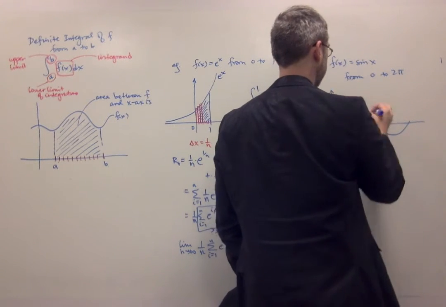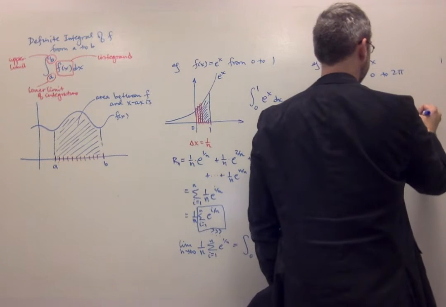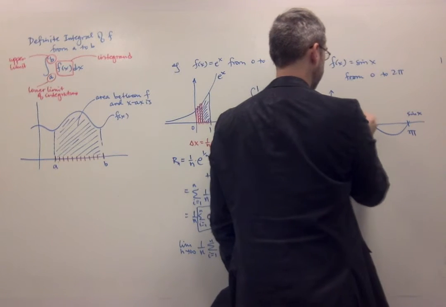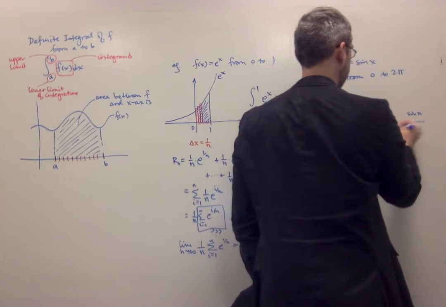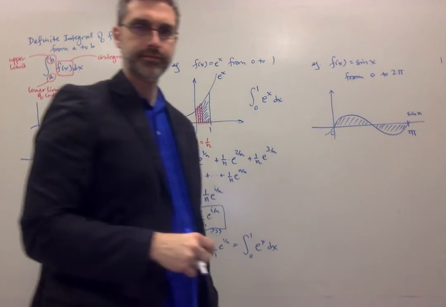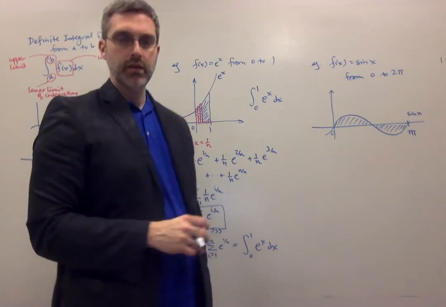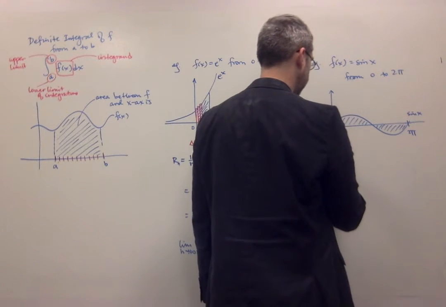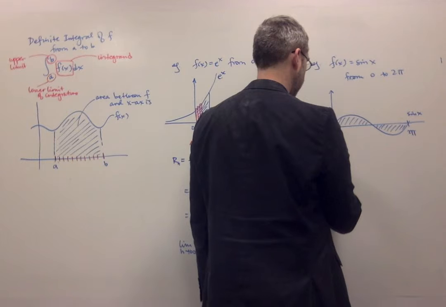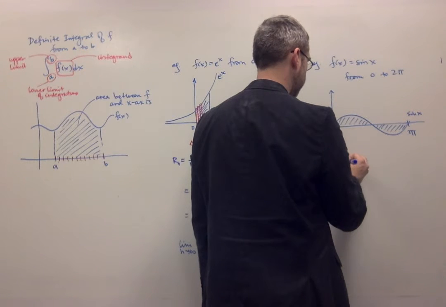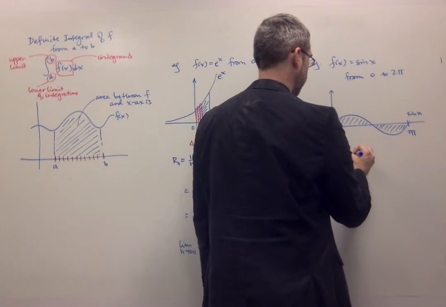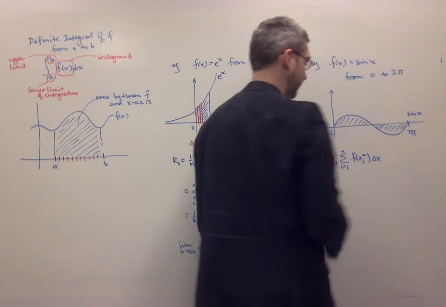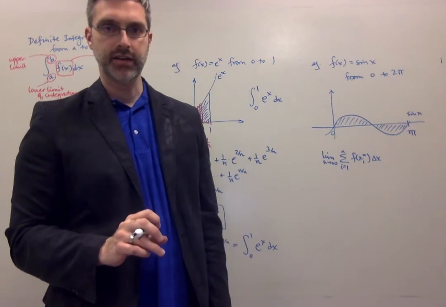Okay, so here's the sine function from 0 to 2 pi, and I want this area right there. So the area is defined to be the limit of the sum of rectangles with height and width, sum of the areas of rectangles, height times width.